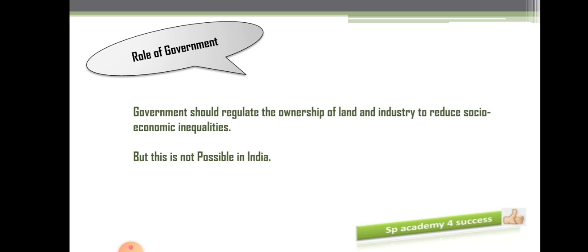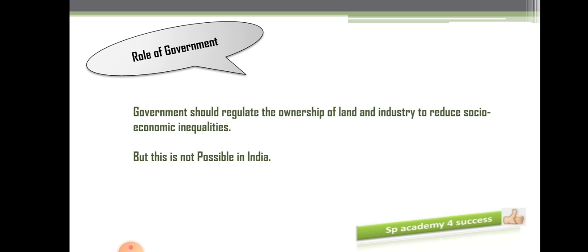It means the government should regulate the ownership of the land and industry to reduce the socio-economic inequality. It should maintain the social equality and economic equality. Who has to do this? The government should maintain the social equality and economic equality in the society.